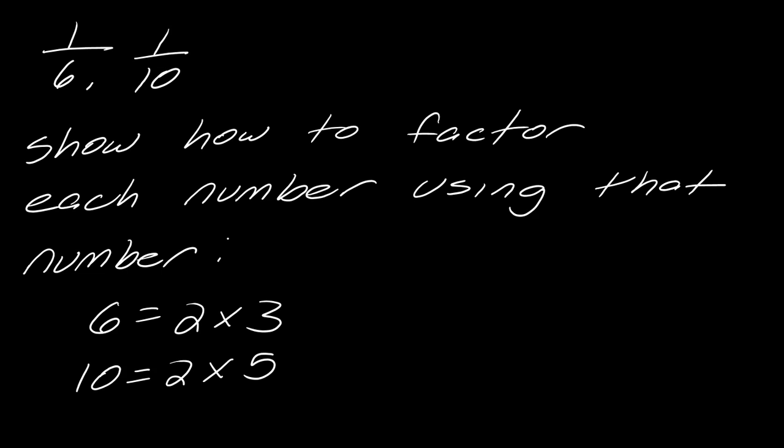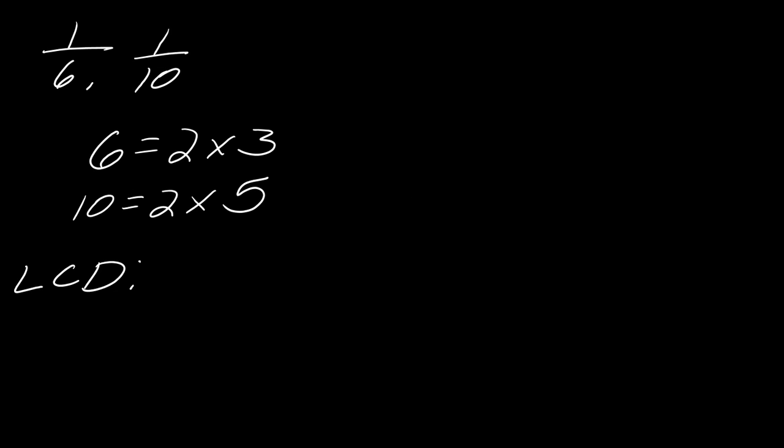All right. With that in mind, using those factorizations, 6 is 2 times 3 and 10 is 2 times 5, now we can actually find the LCD. The thing to notice is that the thing they had in common goes into the LCD once. They both had that 2 in common. You write that down first for finding your LCD.